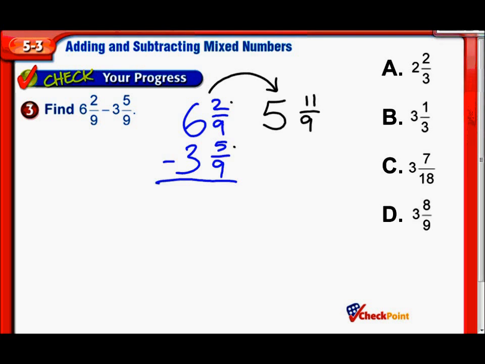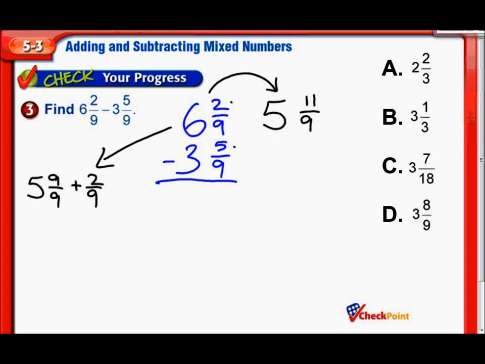Let me break that down a little bit more for you. Well, the 6 part, since I'm working with 9s, we could rename 6, just the 6, as 5 and 9/9. Plus, we have that extra 2/9 at the end of that 6.